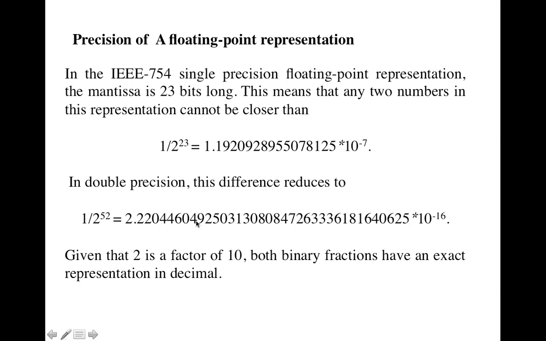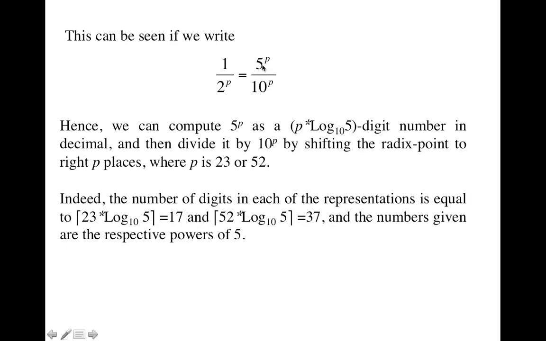So if you really moved the decimal point from where it was originally, this whole number would be basically all of these digits when the point goes over here, which is what you would have really gotten as 5 to the p, which is 5 to the 52.